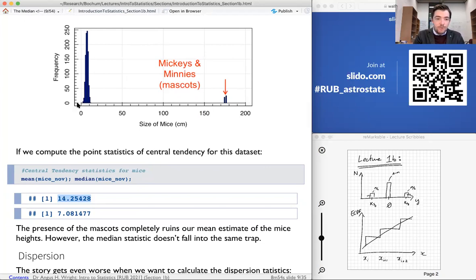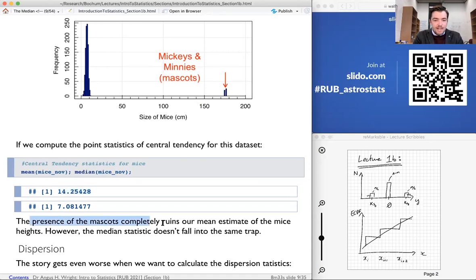In fact, if you were to zoom in here, you would see that the peak of this distribution, the true mean of this distribution, is 7 centimeters. But the presence of these outliers has driven the mean estimate to being unrealistically large, indeed a factor of 2 larger than the true mean.